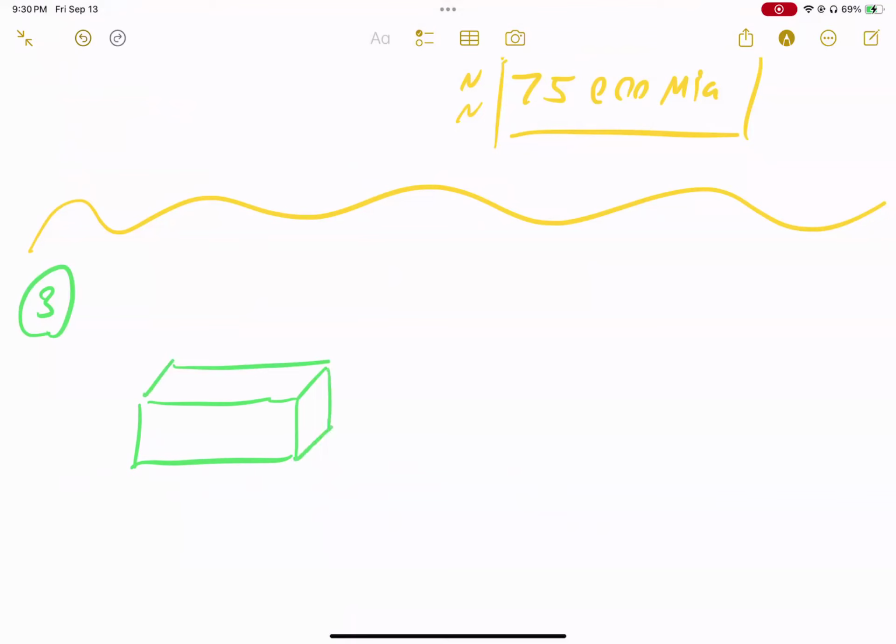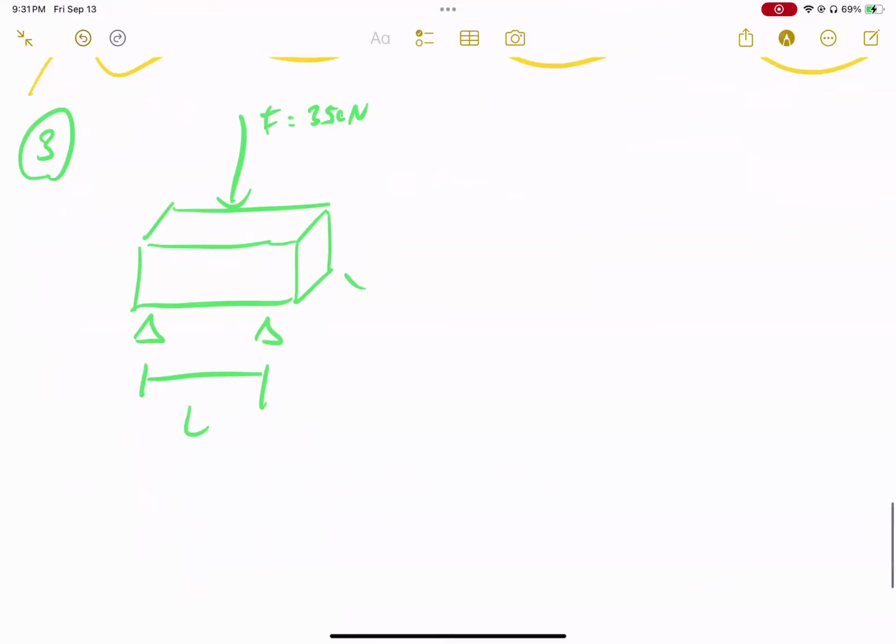So then it'll look something like this, obviously not as thick, but roughly around this. And then we have the force over here, so 350 newtons. And this will be our length, this will be our b value, and this will be our d value. Okay.